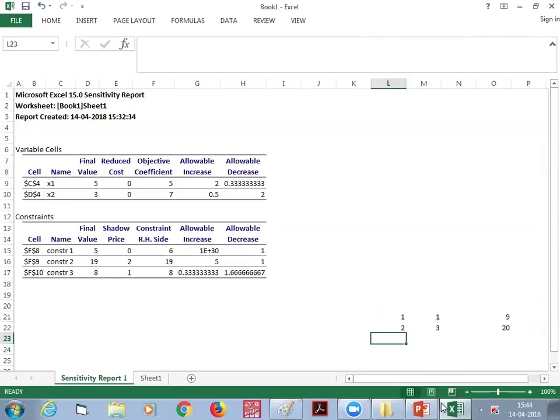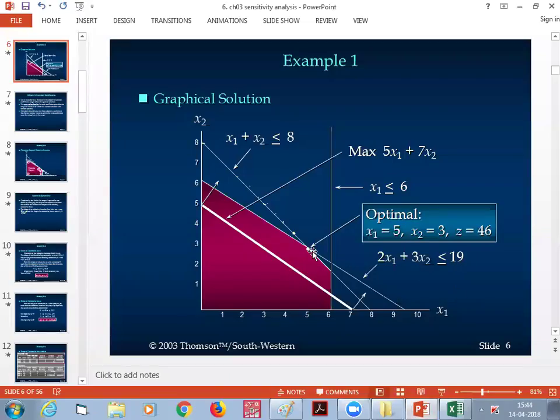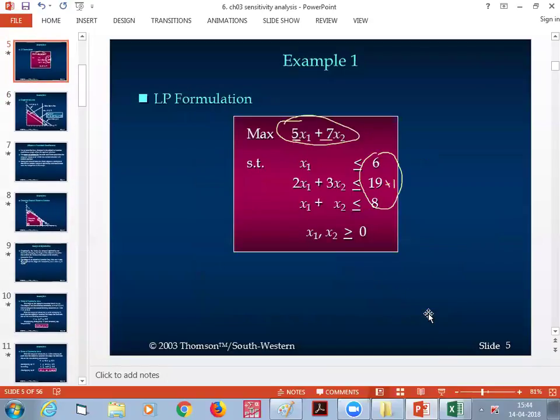Is that right then? Which intersection point is it? The intersection point of x1 plus x2 equals 8 and 2x1 plus 3x2 equals 19.